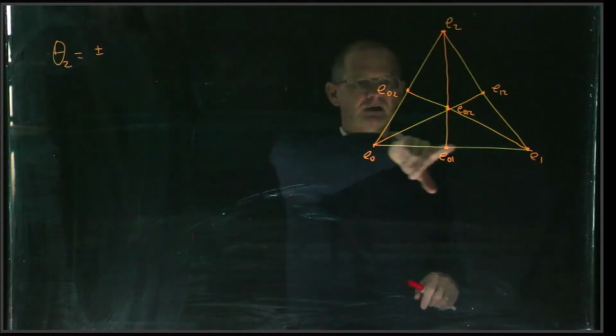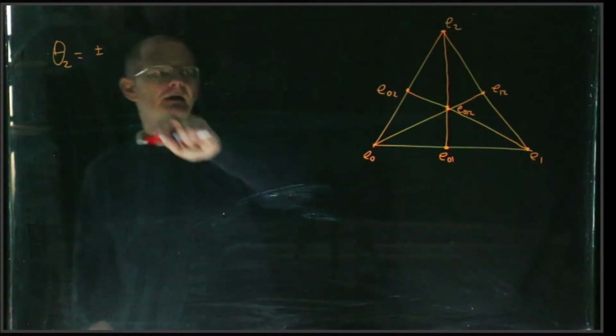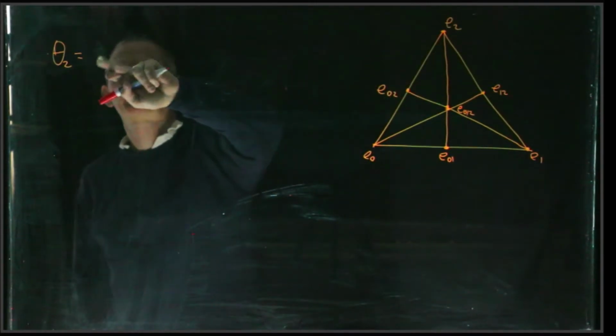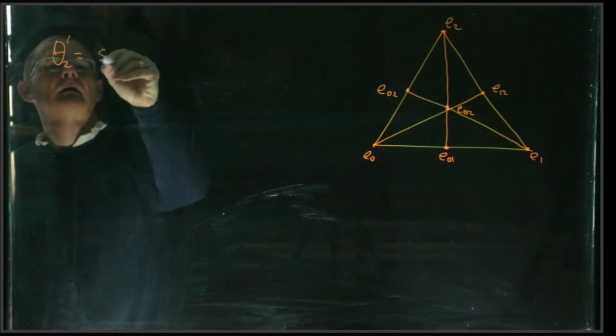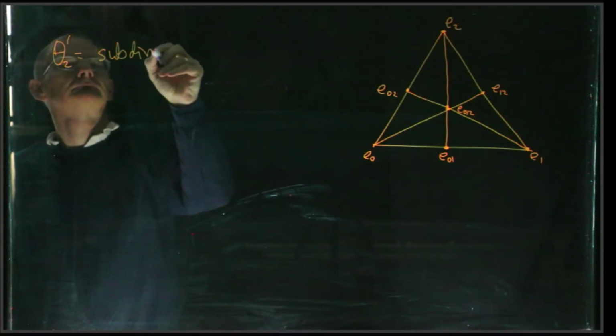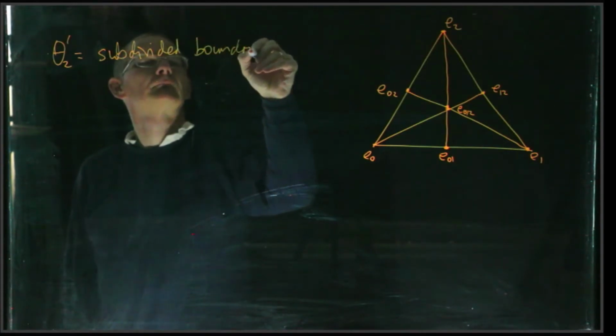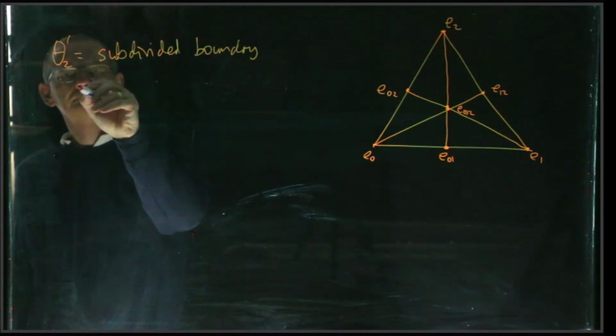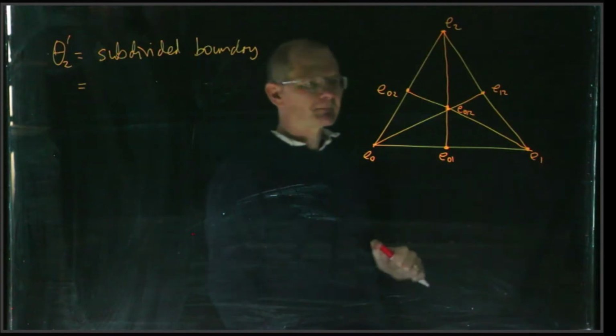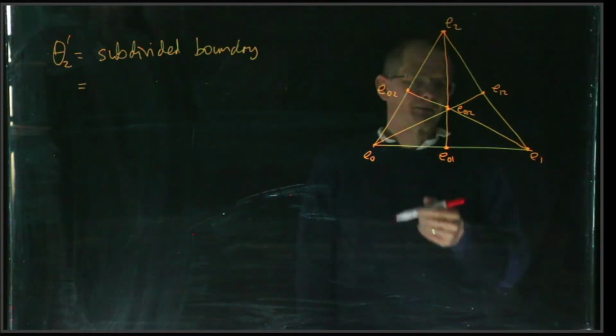Actually, let's say we're going to do theta 2 prime first. So that's going to be the kind of subdivided boundary with appropriate plus or minus signs.